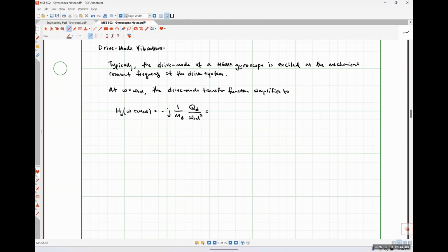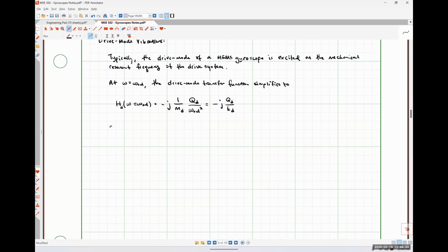And that MD times omega naught D squared is literally just the spring constant of our drive system. So this reduces to just negative J times Q over K, like so.